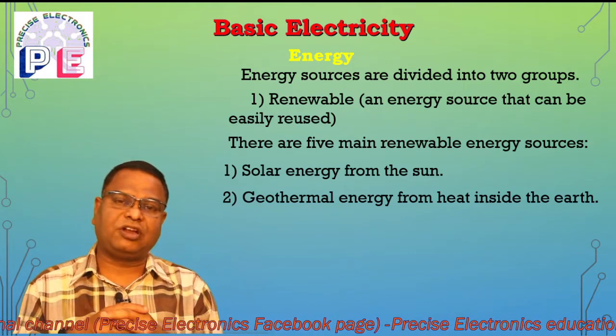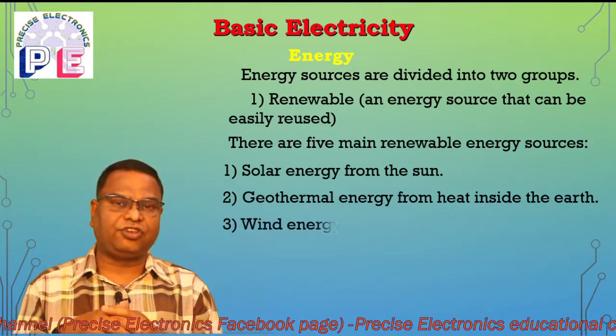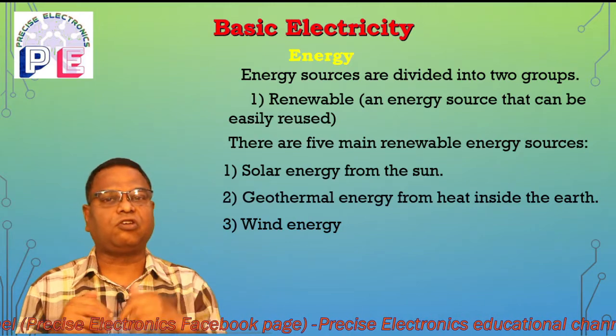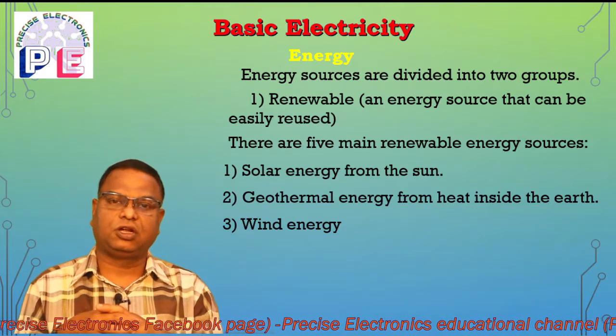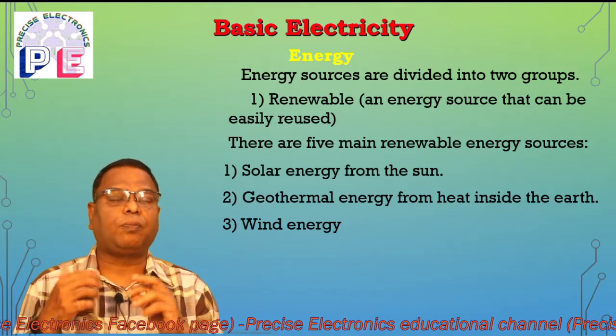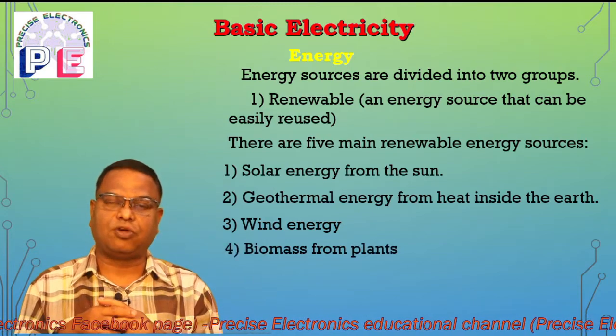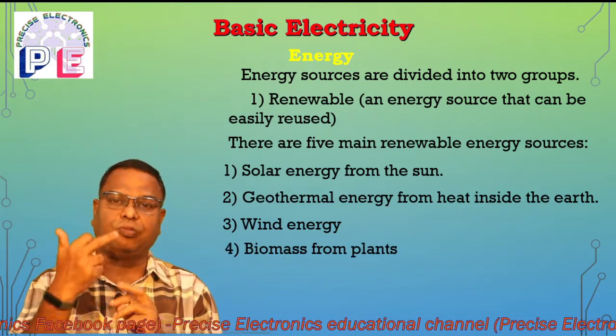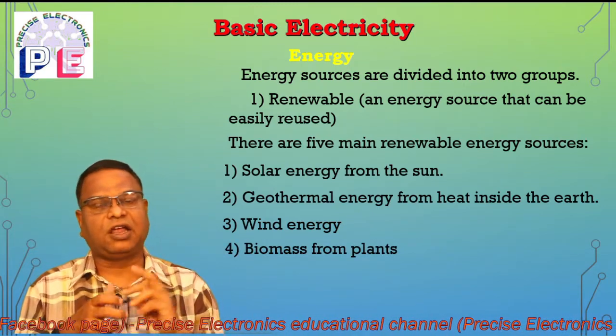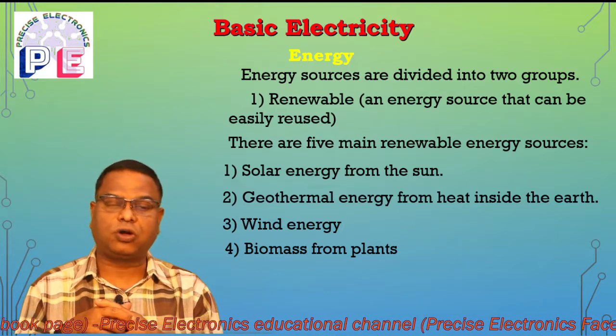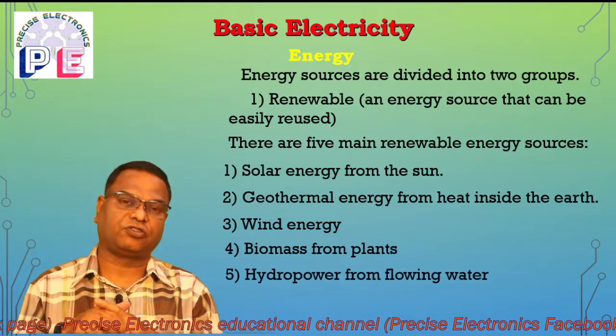The next type of renewable energy is wind energy. Wind energy is also renewable energy. Next, biomass of plants. Biomass of plants is one of the renewable sources. And the last type is hydropower from flowing water.